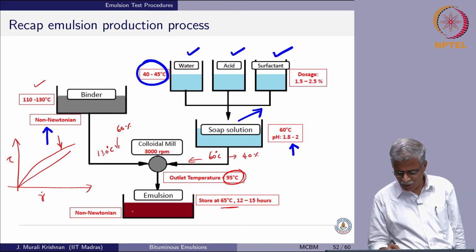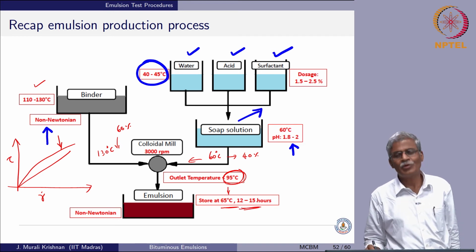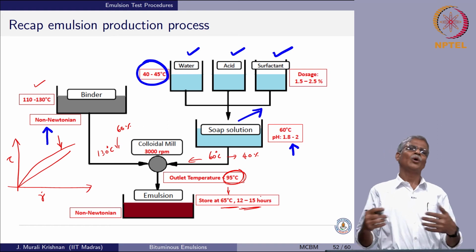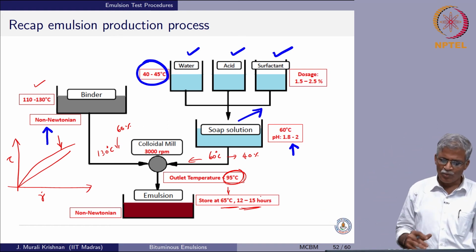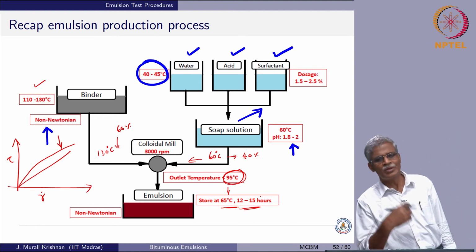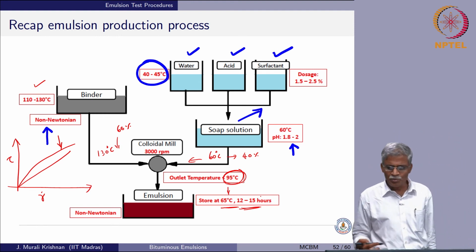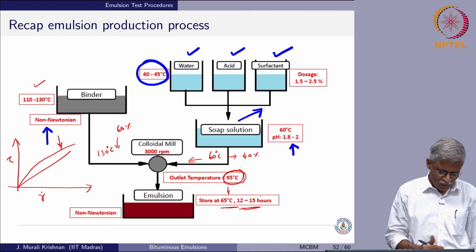Typically what you do after you make the emulsion, store it at 65 degree centigrade for 12 to 15 hours before you pack it and send it to the site. So, this is the same production process that we have discussed earlier, except that I just added a few numbers here.